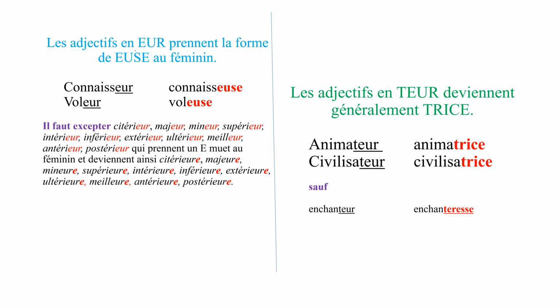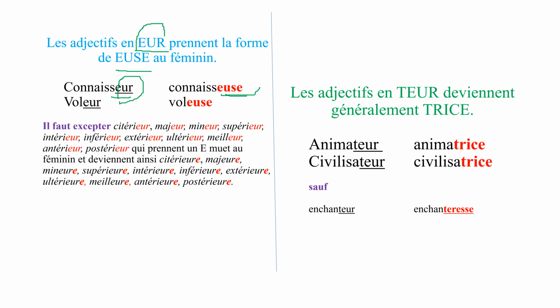Les adjectifs en EUR prennent la forme de EUSE au féminin. Adjectives ending in EUR, you change it into EUSE to have your feminine form. Connaisseur becomes connaisseuse, you see?